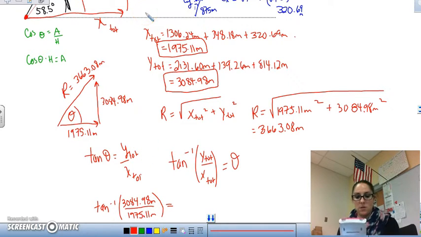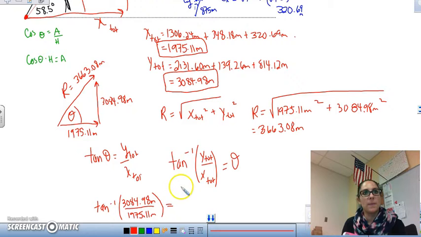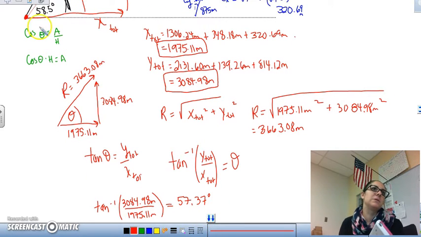Let's do it. 3,084.98 divided by 1975.11. Inverse tan of the angle. And then what we get here is 57.37 degrees, just like that. So it happens to be actually very similar to that one, just by coincidence.